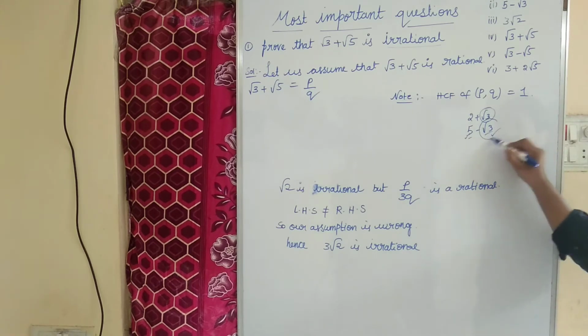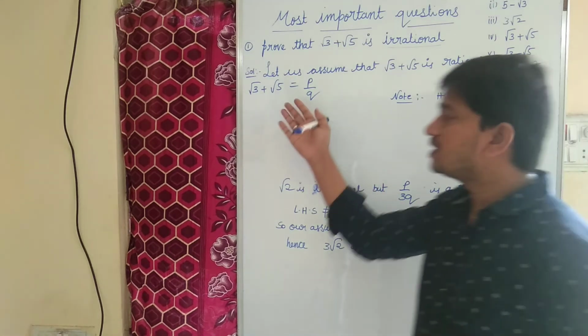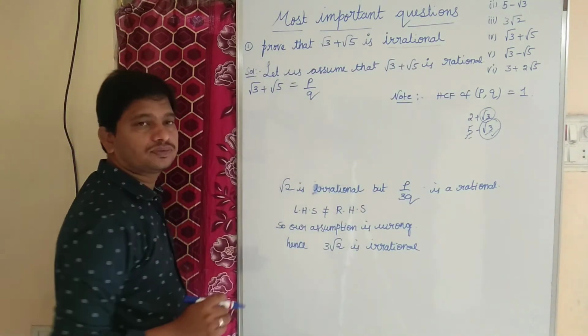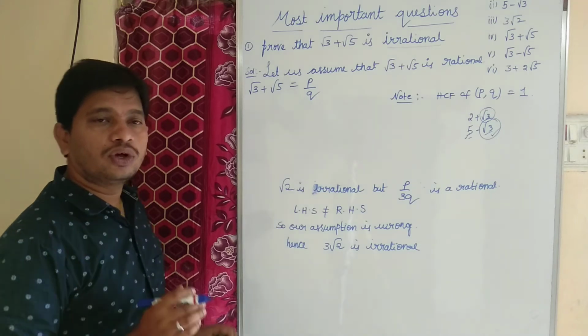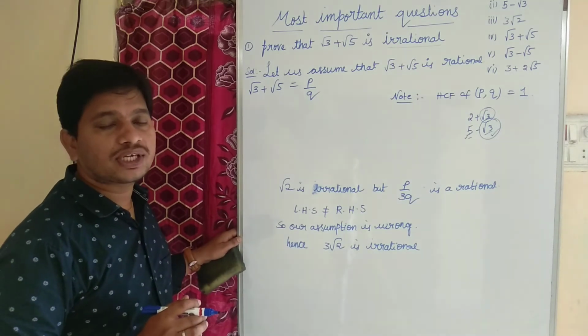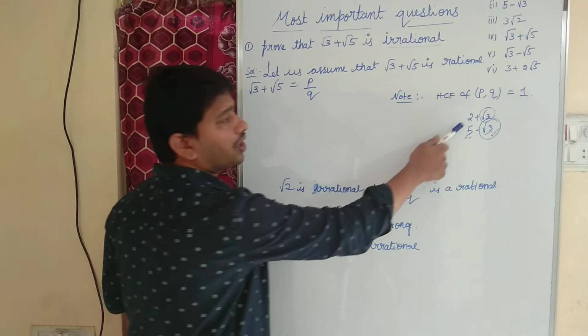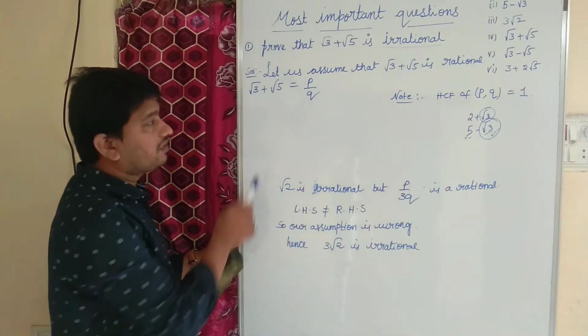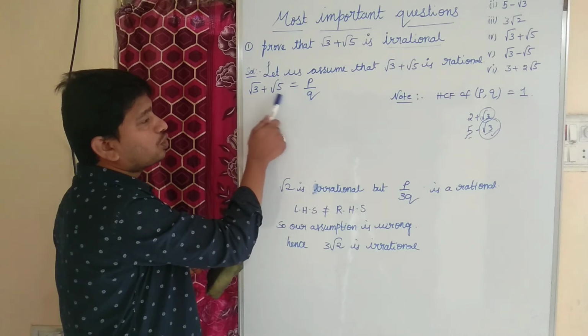We have root 3 for only one term. But coming to this problem, we have roots for both terms. In this case, what do we have to do? We have to do squaring on both sides. There is no need of squaring on both sides before because the root was there for only one term, whereas in this case we have roots for both terms.